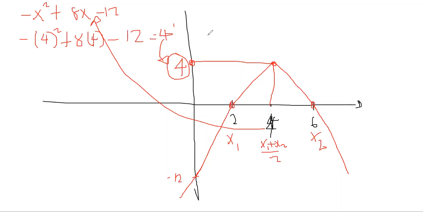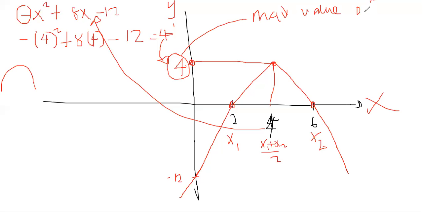So this is our y-axis and this is our x-axis. Even before we have all the points that we need, just looking at the sign here tells us that the graph should look somehow like this. So this 4 is the maximum value of y, and this other 4 is the maximum value of x that maximizes the function.